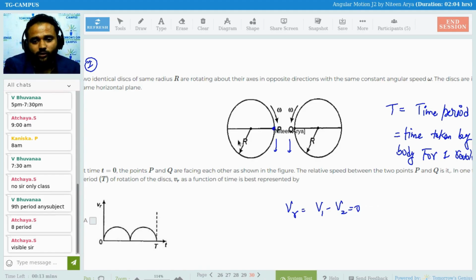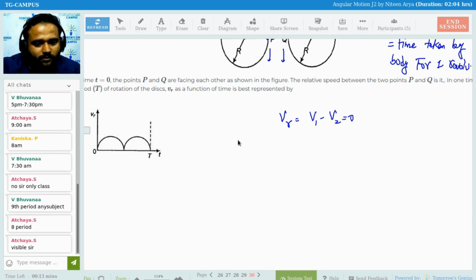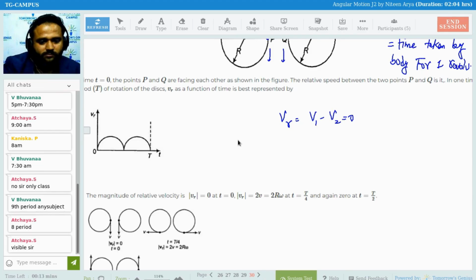This is the proper written explanation, because I can't draw that much.